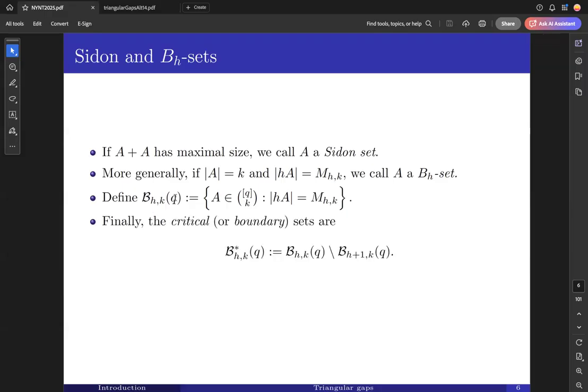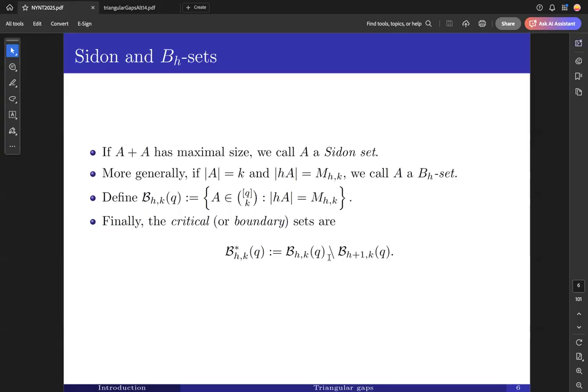And the main object that we end up studying, that I end up using to study this problem, is this critical or boundary set. So I don't have a good name for this yet, but I've been calling it both. Essentially, I'm going to take the sets A that are B_h sets, but that are not B_{h+1} sets.